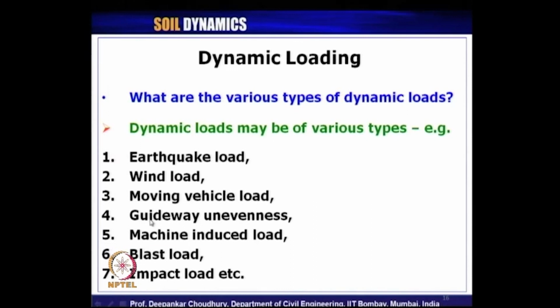Then another type of dynamic load comes from guideway unevenness. What is guideway unevenness? There can be several undulations on pavements, runways, etc. Because of those undulations, when any vehicle is moving on that pavement or runway, it may experience additional jerking, which is due to the additional dynamic load coming from the movement of the vehicle on that uneven pavement or runway.